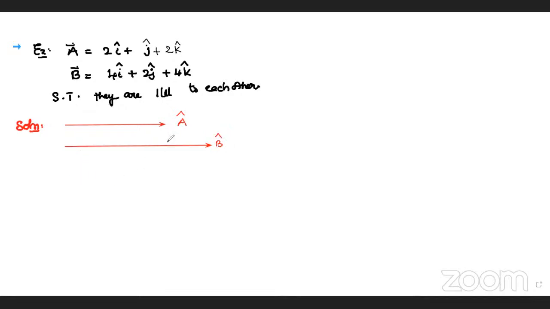So if A cap, the direction of the first vector, is equal to B cap, the direction of the second vector, then I can conclude that they are parallel to each other. So simple.